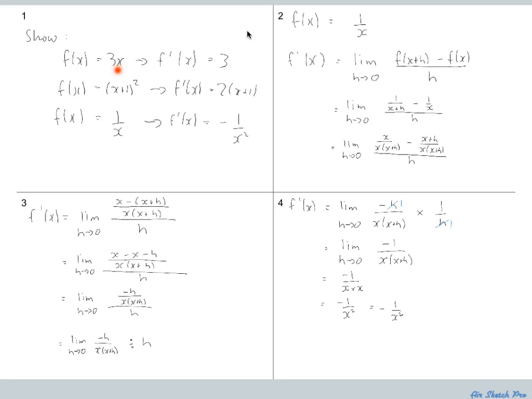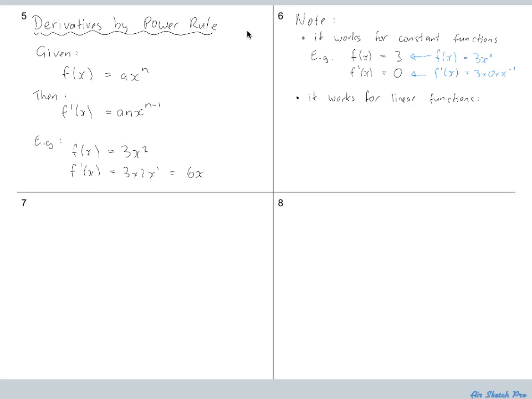That's a linear function, right? We can see that f'(x) is equal to 3. Okay? So just from our easy example there, if I have f(x) equal to 3x, then f'(x) is equal to 3.